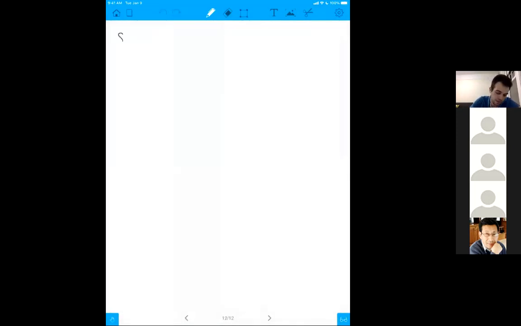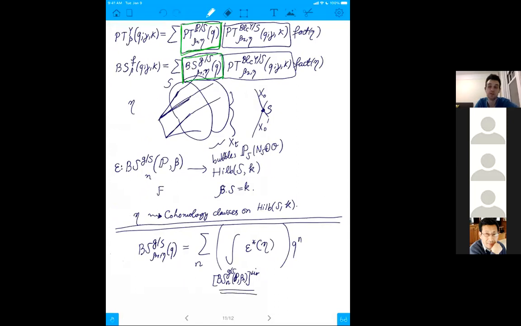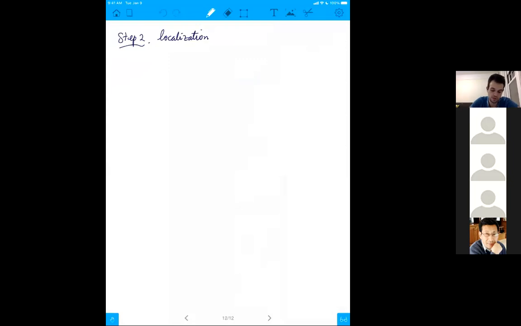So then the second step is to use the localization theorem. The virtual fundamental classes of relative BS and PT pairs that appear here might be of dimension not zero, but let's use the localization theorem.